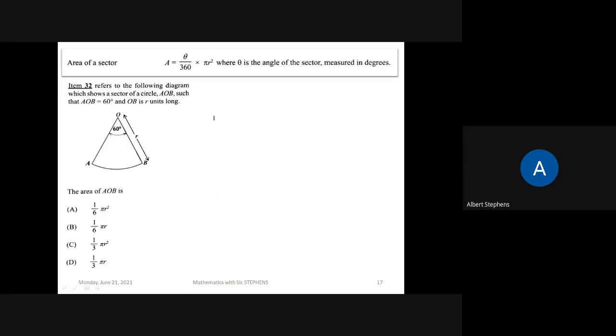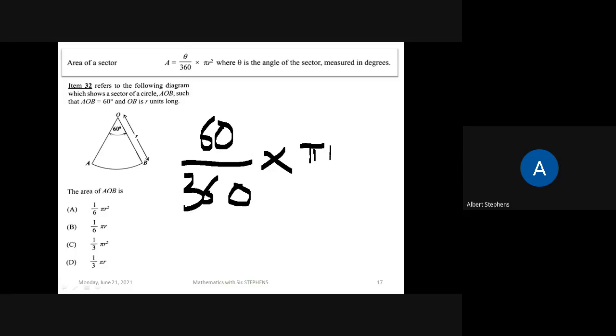Area of AOB. So it's going to be 60 over 360. And as you can see, they give us pi and r. Sorry, they didn't give us. So pi r squared has to be in the answer.